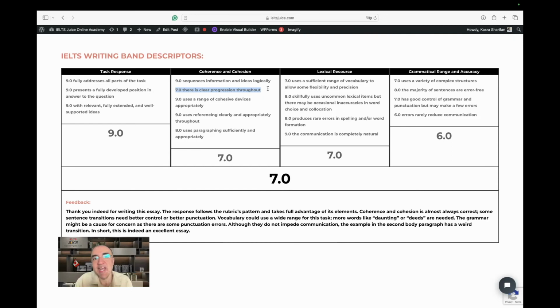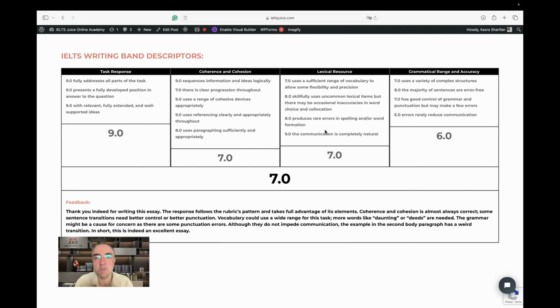To get an 8, basically all elements must be technically accurate. So you read the sentences, and the flow of the words and sentences is technically accurate and correct. That's the only thing stopping us from an 8 in coherence and cohesion. But that's a little bit hard to do, you know. So every sentence transition must be technically correct.